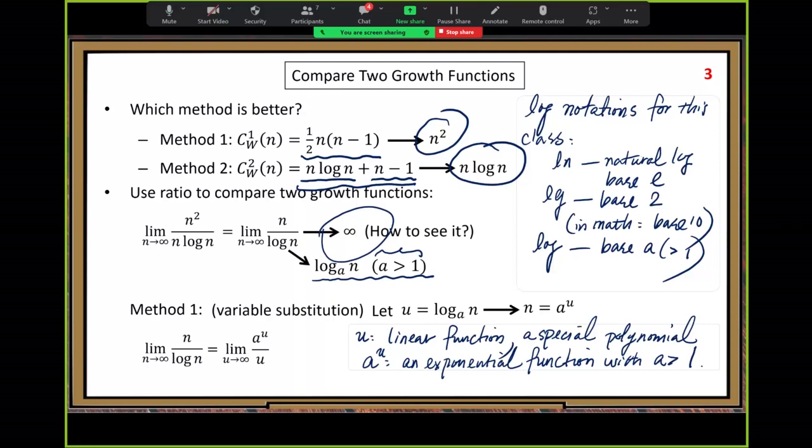Now we compare an exponential function a to the u with a polynomial.